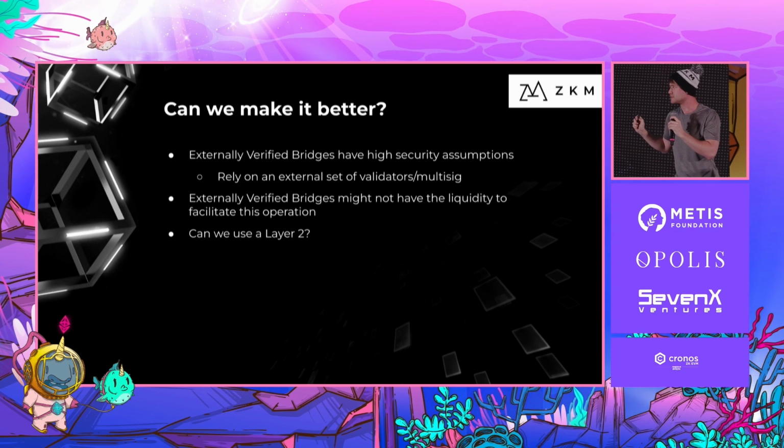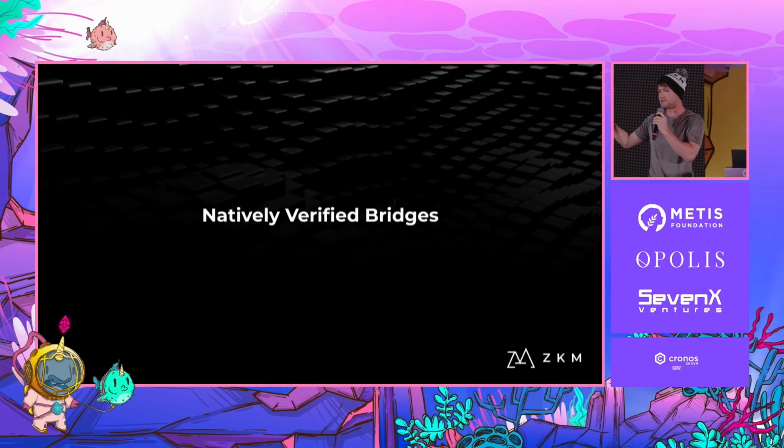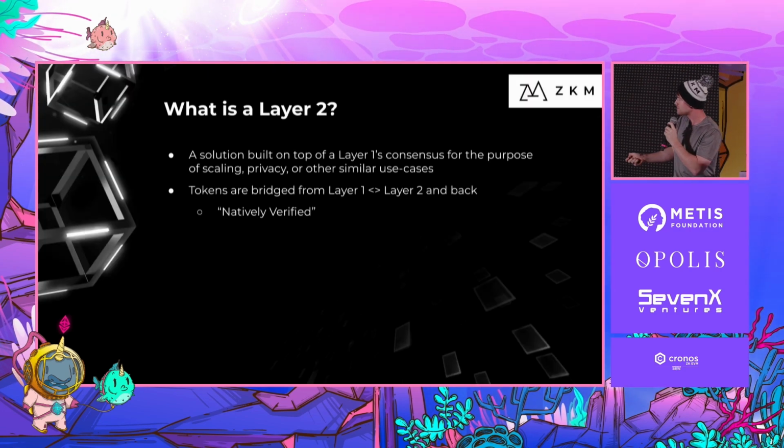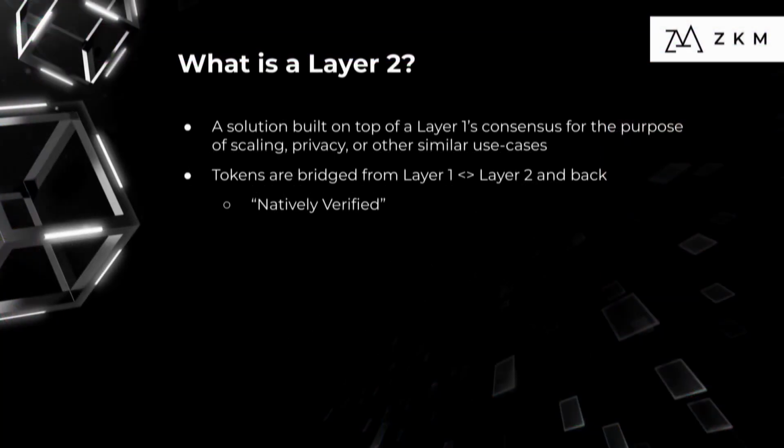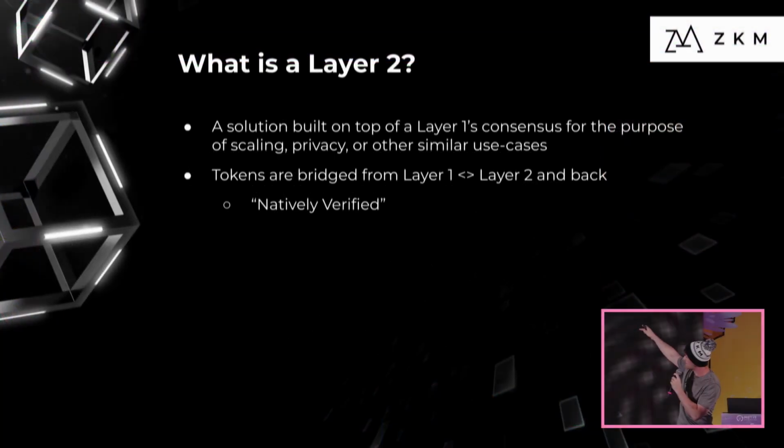Can we use a layer 2? Let's talk about natively verified bridges. So what is a layer 2? A solution built on top of a layer 1's consensus for the purpose of scaling, privacy, or similar use cases. So this is what we mean by natively verified. We are depending on the security of the native base chain.